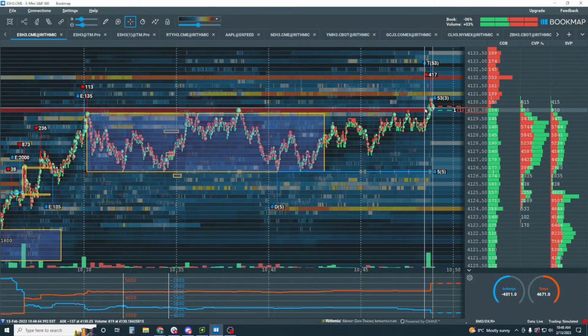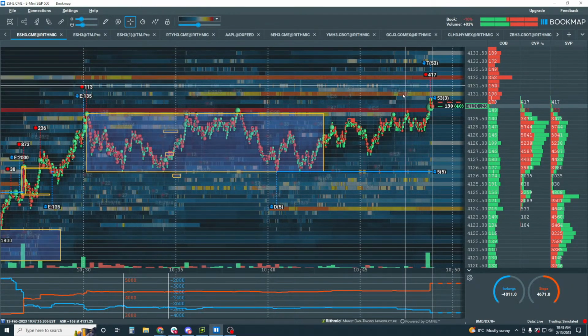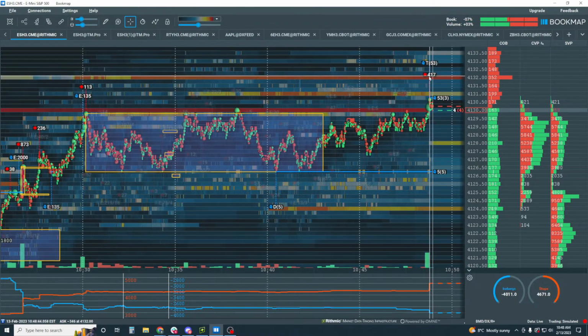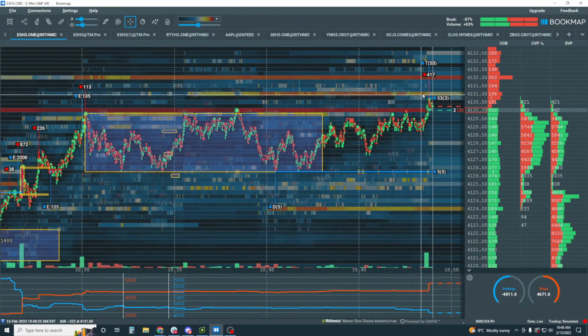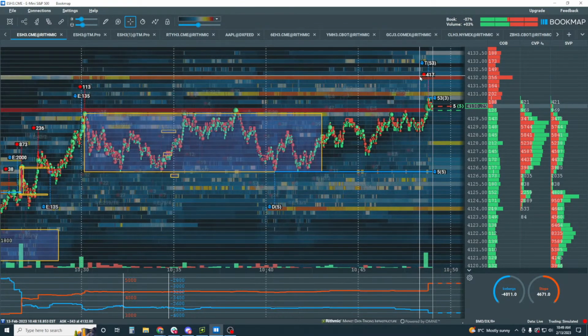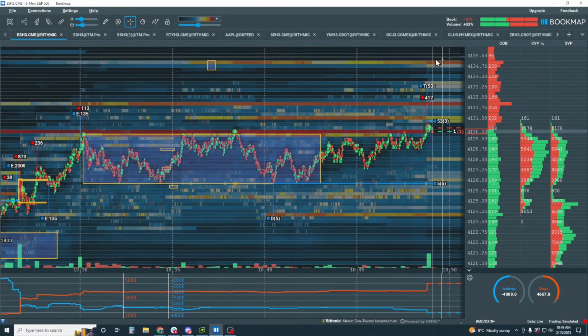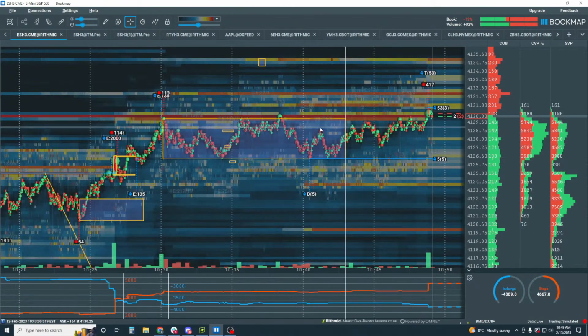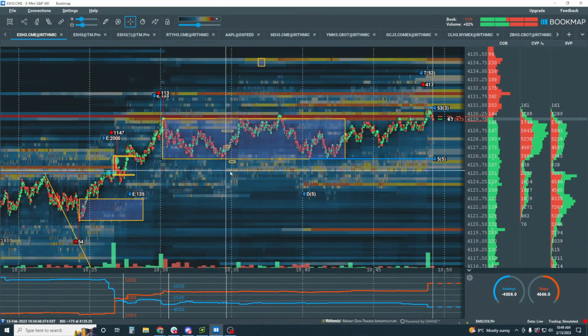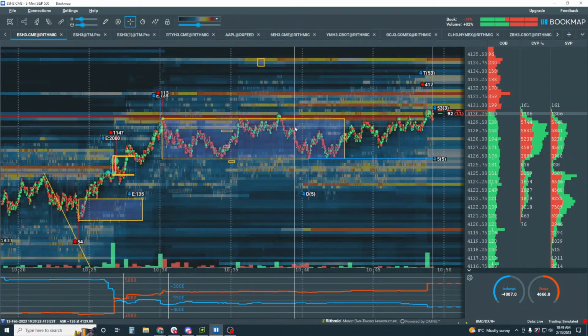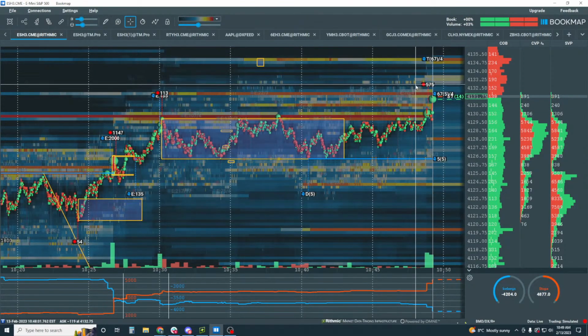And here's our move. Now let's see it unfold better than that. 417 just got stopped out. But looking for this move up into 32 or higher here, our 35 level. So here again is your trade management within the price action and order flow.